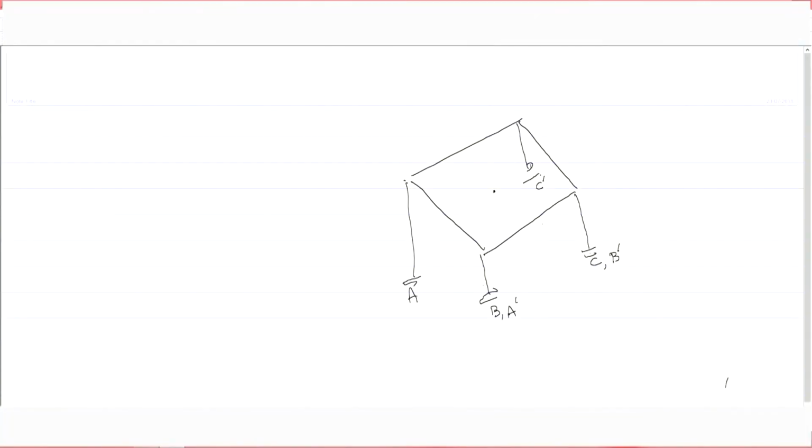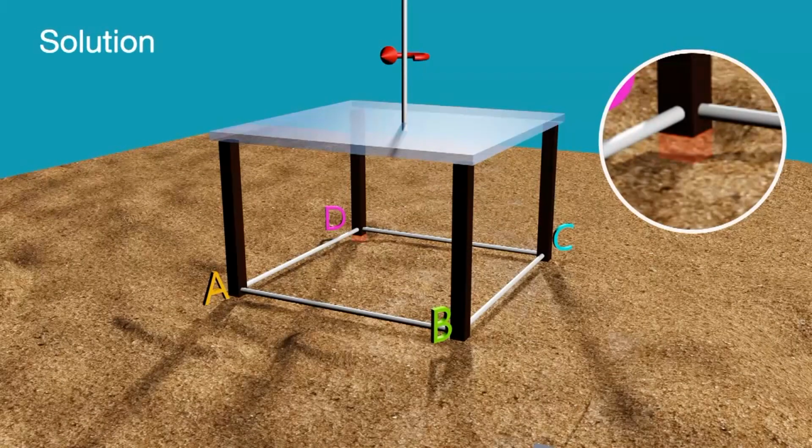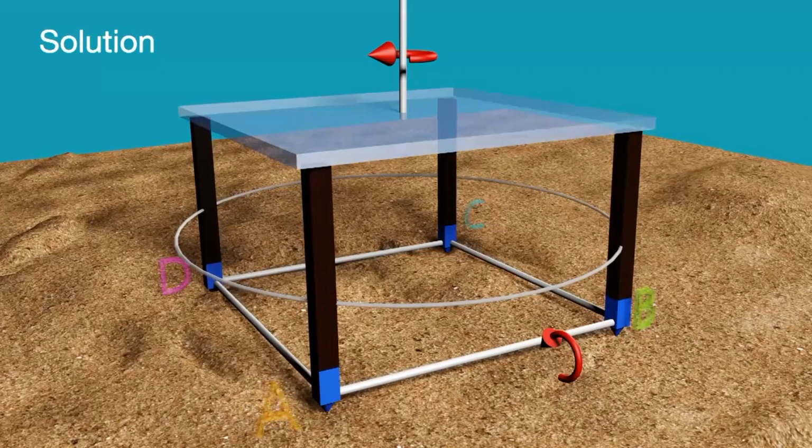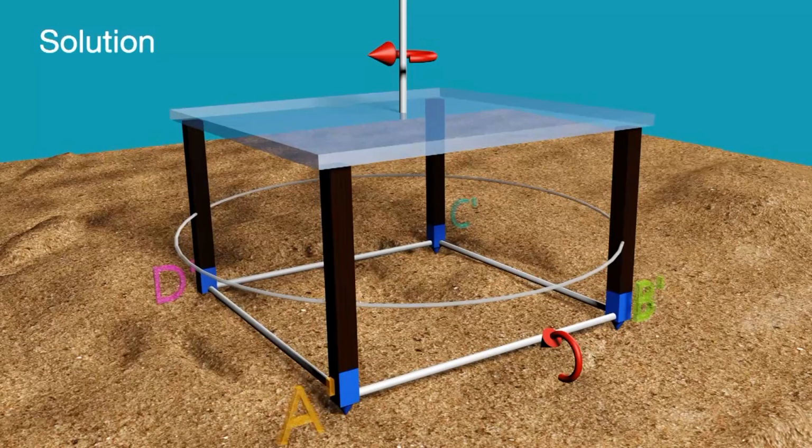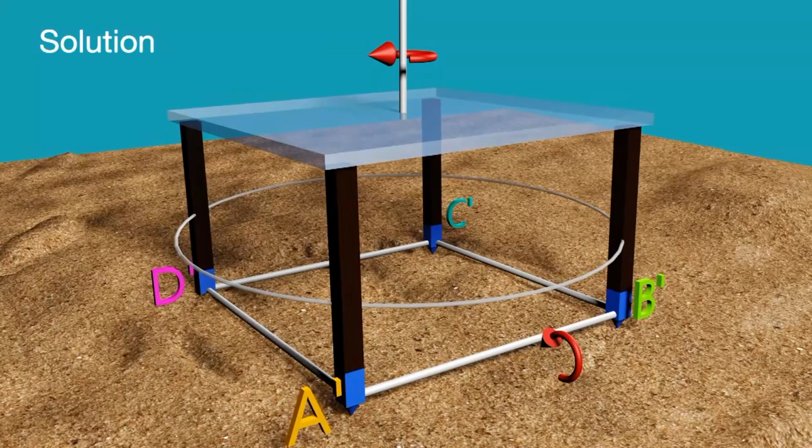Remember, A, B, C are on the ground. The 4th foot D is above the ground in the initial position. After rotation, A moves to A dashed, B moves to B dashed and C moves to C dashed. And do you see that C dashed is on the ground?